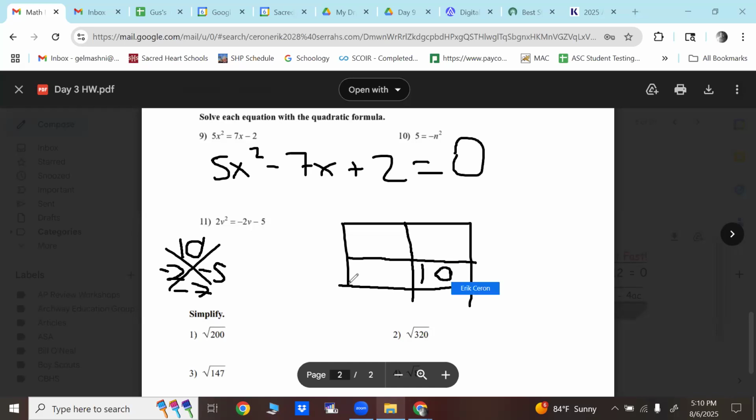So does 10 go here? No, you put five. You put two there. You always put the last term in there.